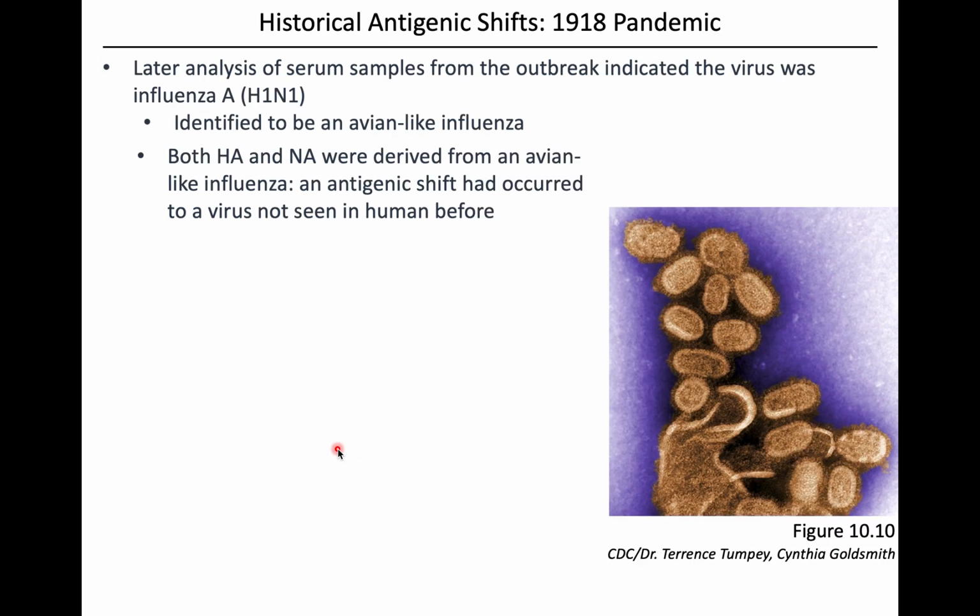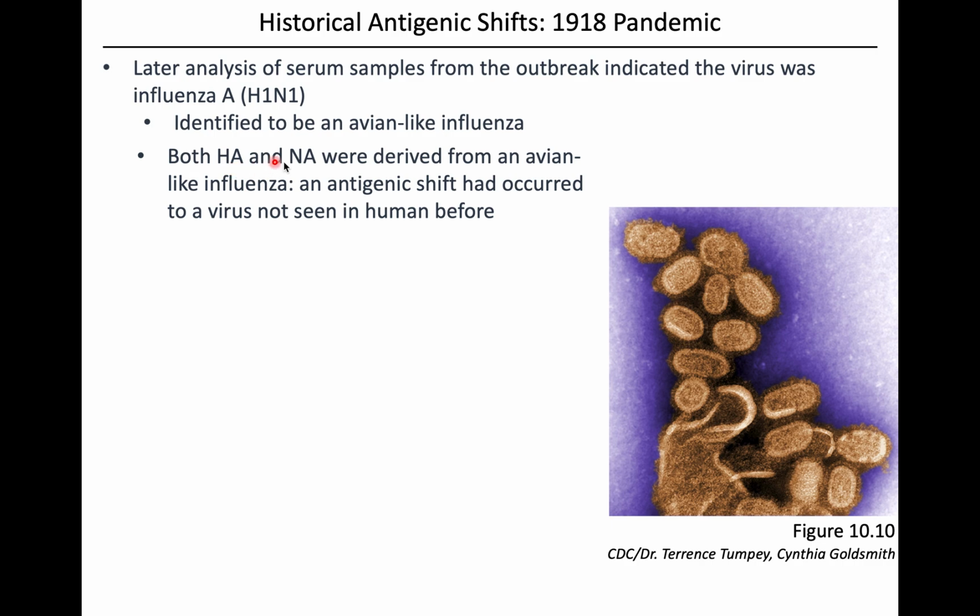So that was a scary one, and there's been a big attempt over the years to piece together what exactly the 1918 influenza strain was, a little bit of detective work. Best evidence suggests that it was an influenza A, an H1N1, basically an avian-like influenza that moved over into humans, and may have moved from birds to pigs and then to humans.